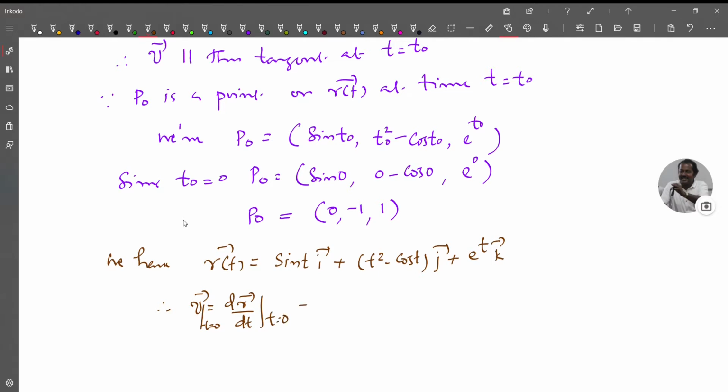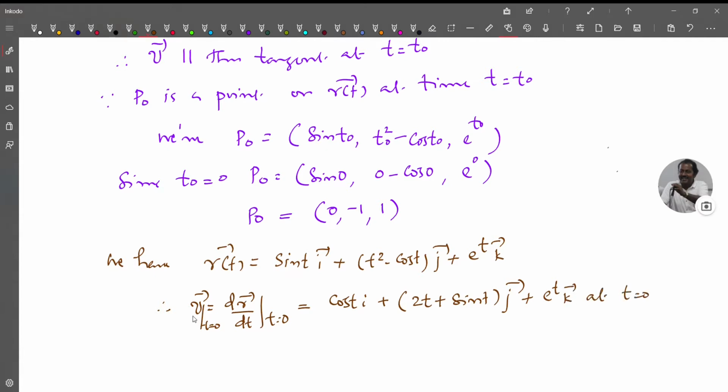This is equal to cos t i plus (2t plus sin t) j plus e raised to t k at t equal to 0.